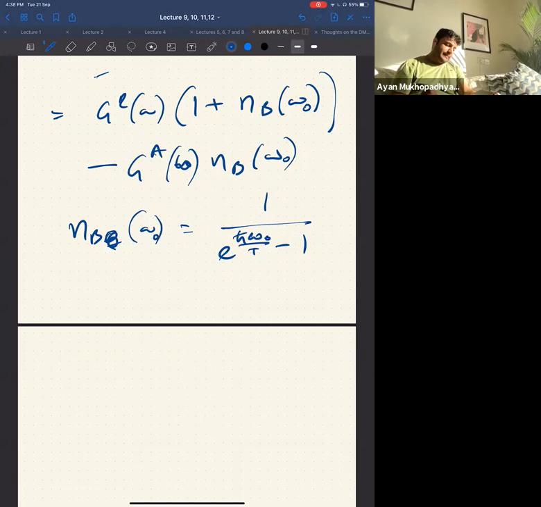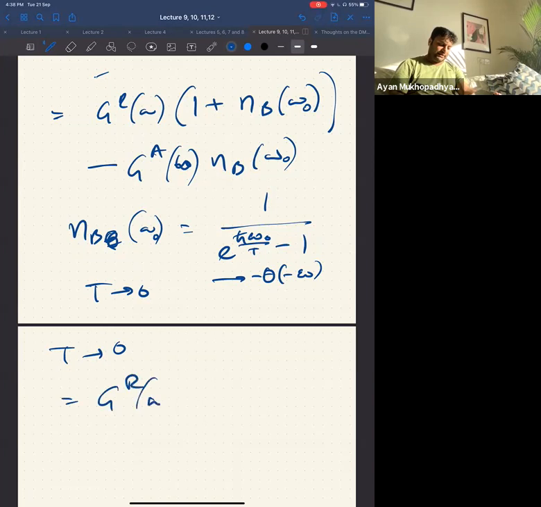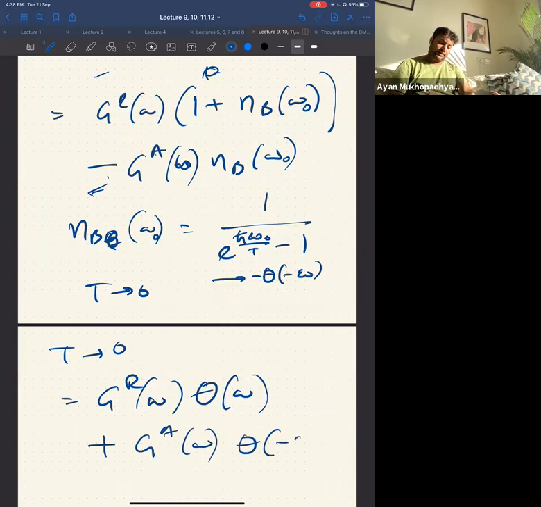Now we also saw that when t goes to 0, this goes to theta(-omega), minus theta(-omega). When t goes to 0, the Feynman propagator becomes G^R(omega) times theta(omega), because 1 minus theta(-omega) is theta(omega), since 1 is theta(omega) plus theta(-omega). And because there's a minus sign here, it becomes G^A(omega) theta(-omega).